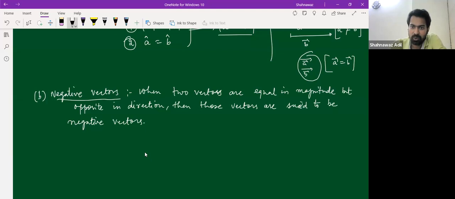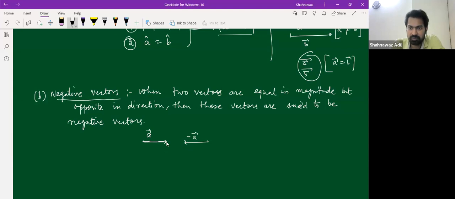Okay, so let's say I write one vector like this, and the other vector which is this. So this has the same length. These vectors have the same length, but the direction is opposite.